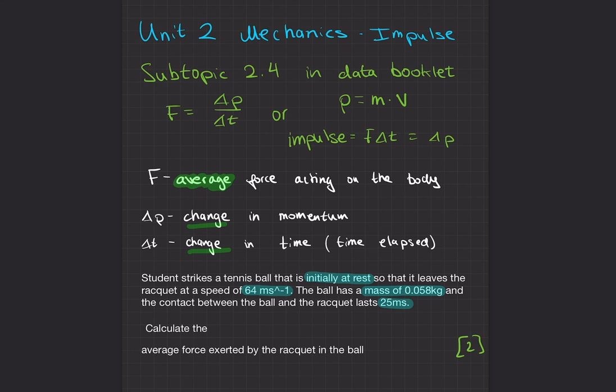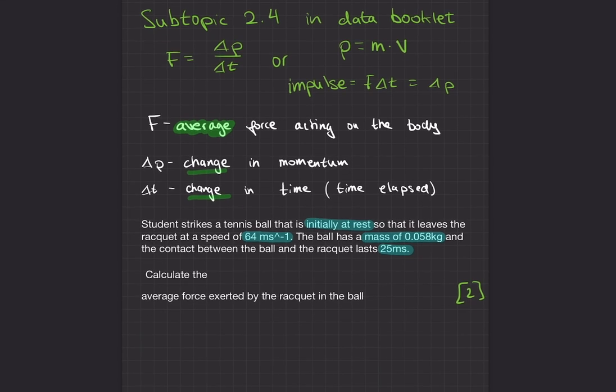So, what do we know? We know its initial velocity, 0. We know its final velocity. We know its mass, and we know the time. So why don't we go ahead and just apply the formula? We are interested in the average force. Now note that it's the average force, so we can use this formula. The average force exerted by the racket on the ball.